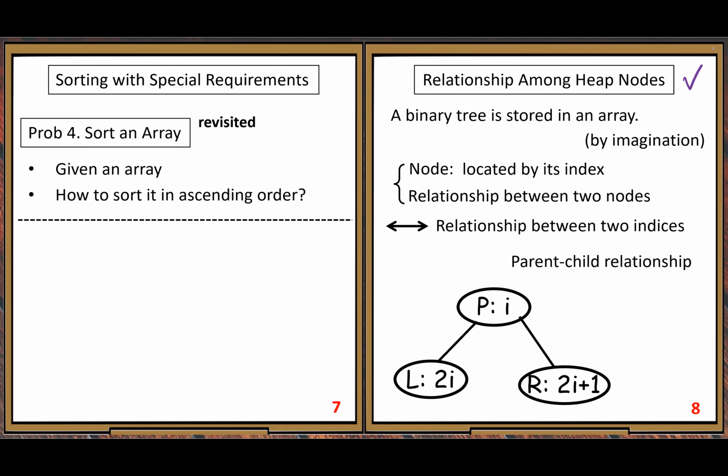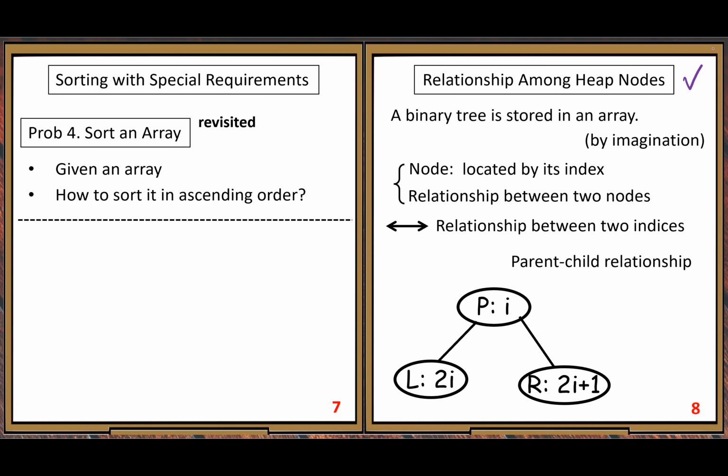Similarly, R, the right child, we will use the location 2I plus 1 for the right child of the P node. Simple, pretty natural, right? I points to two possible locations: the 2I location and the 2I plus 1 location.